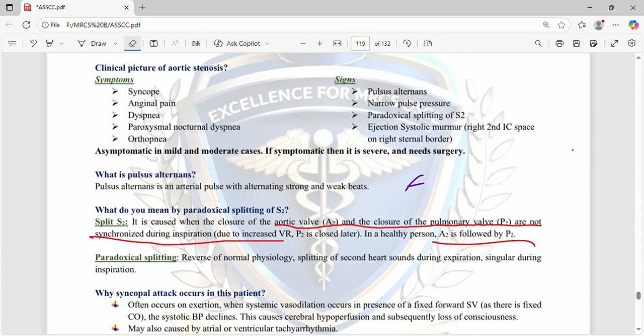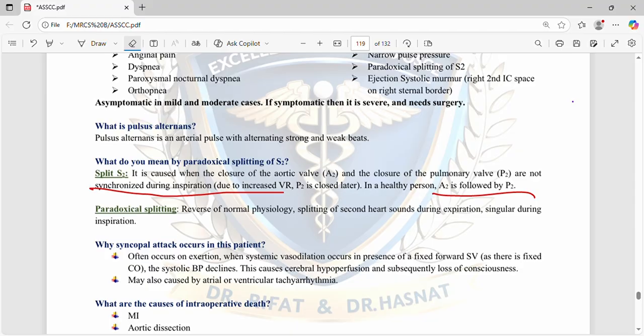And there is another thing which is called paradoxical splitting. Paradoxical splitting is the reverse of normal physiology: splitting of the second heart sound during expiration, and single or very close during inspiration. Normally, as we said, during inspiration the splitting is very prominent, with A2 first and then P2, but in expiration they are very close to each other or heard as one sound.